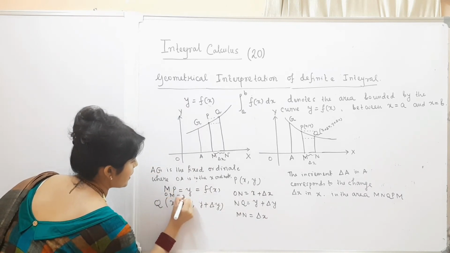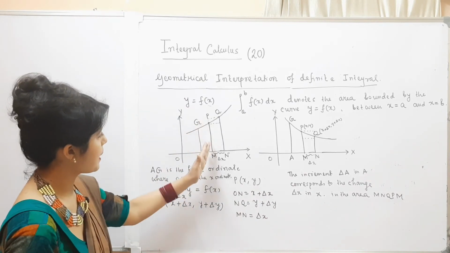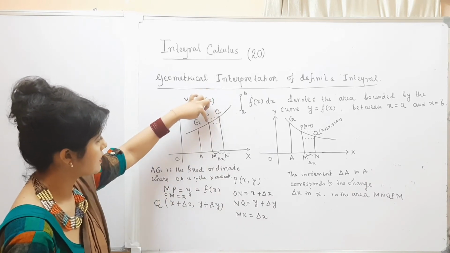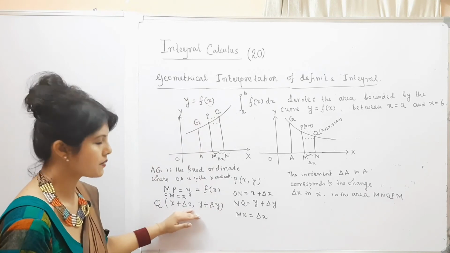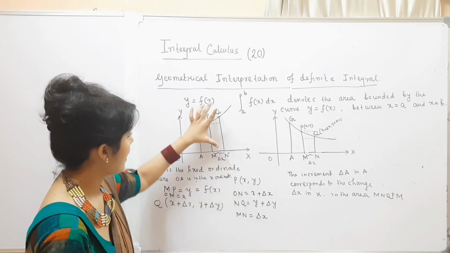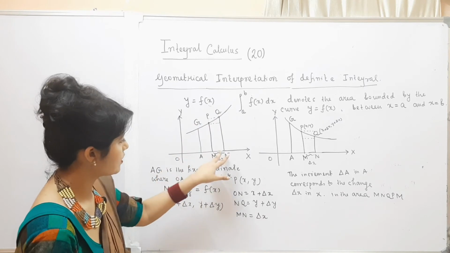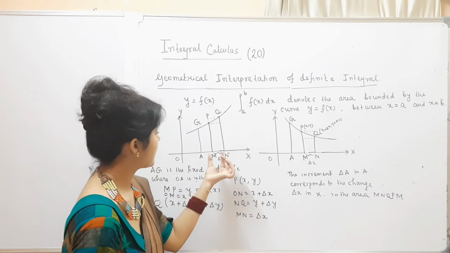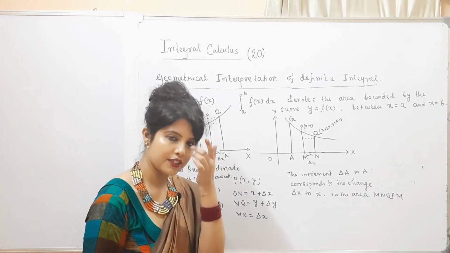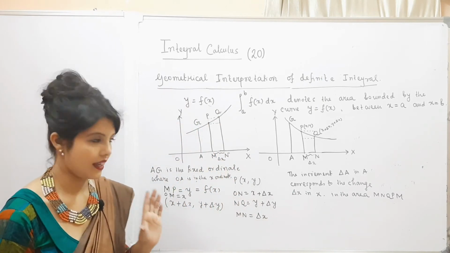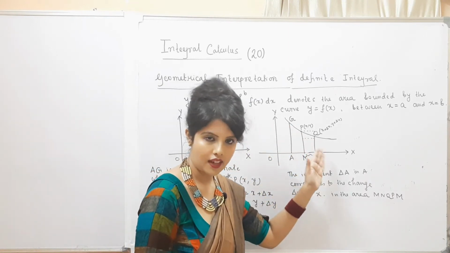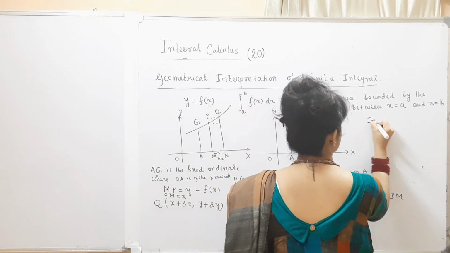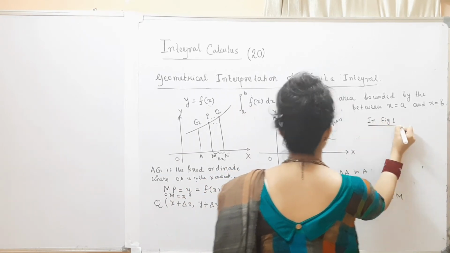I am considering a very close point to P having the coordinate x plus delta x and y plus delta y, where ON along the x axis is x plus delta x and NQ is y plus delta y, and MN is delta x. This is the small increment in x. Similarly in this curve also. Now in figure 1, so this is figure 1.